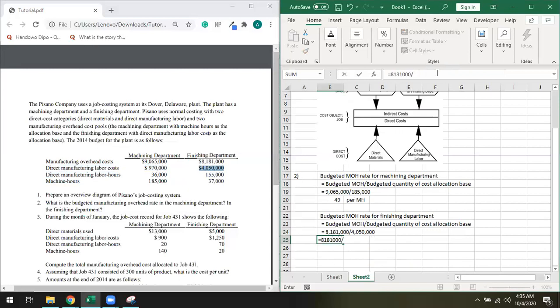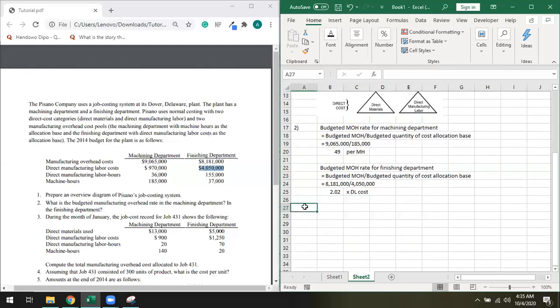Okay, so we get the budgeted manufacturing overhead rate for finishing department equal to 2.02 times direct labor cost, or 202% of direct labor cost in finishing department. Okay, so that's for number 2.